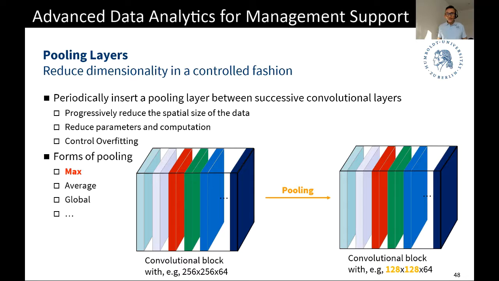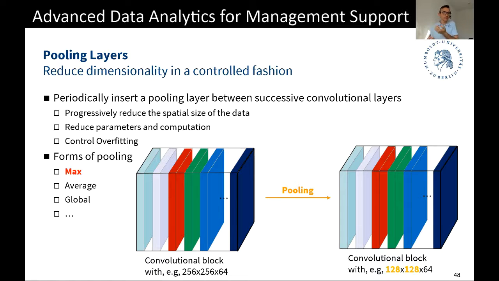CNNs also exhibit pooling layers, at least occasionally. If we use padding to avoid our image resolution shrinking too quickly, at some point maybe we want to shrink the image dimension for reducing the number of parameters, speeding up the training, and encouraging this idea that we learn latent features that we can aggregate.